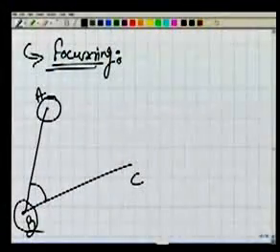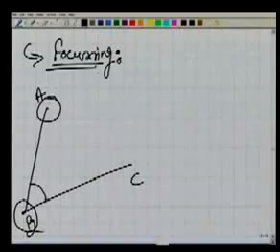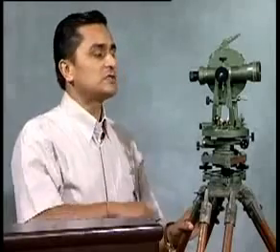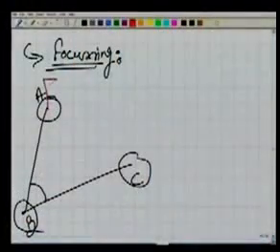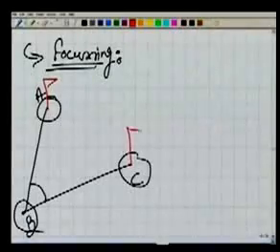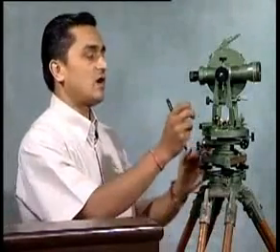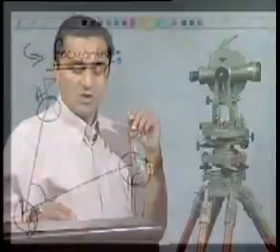A is somewhere in this room on that side, and C is somewhere in this room on this side. So if it is so, what I will do, at A there is something, either a tree or a ranging rod, some object which I need to bisect. So I am bisecting now the ranging rod at A.